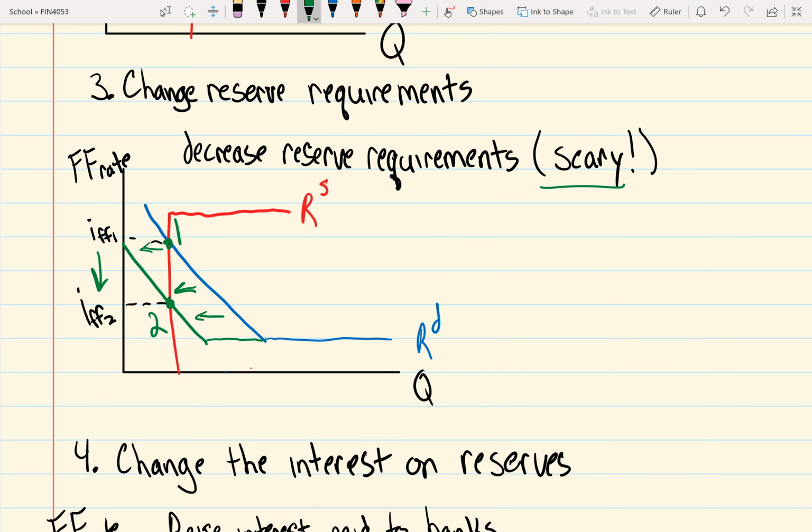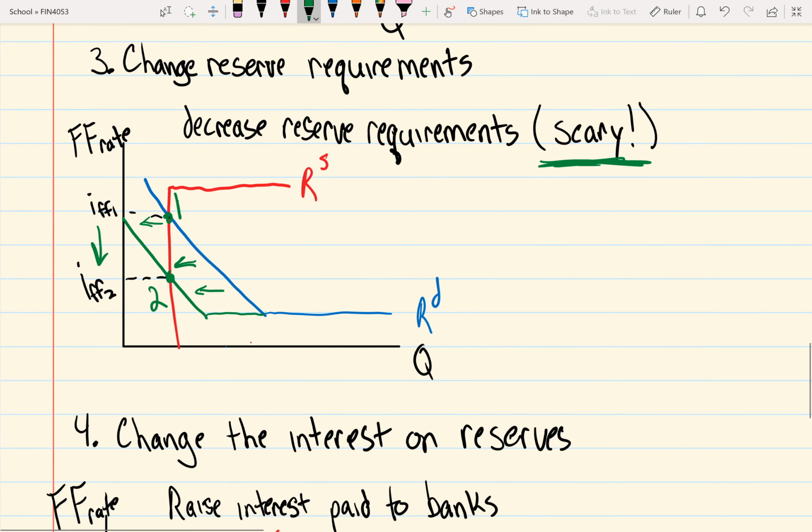And I put scary here because we don't see this happen very often, just because it would bring bad publicity and also could trigger sort of a run on the bank. So of course, even at 10%, if everybody went and wanted to withdraw all of their money at the same time, the banks literally don't have the money to do that.